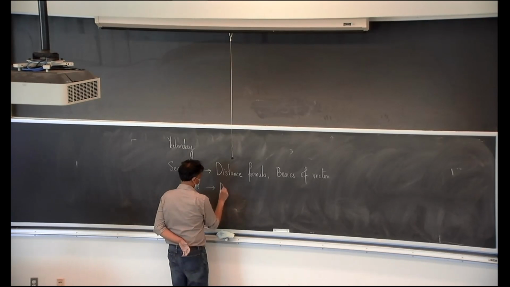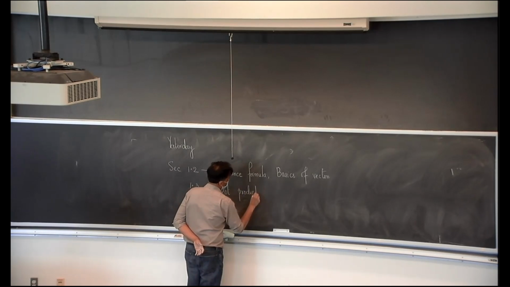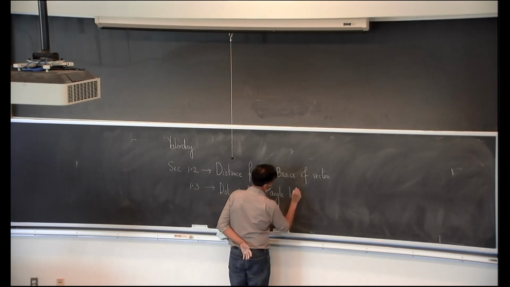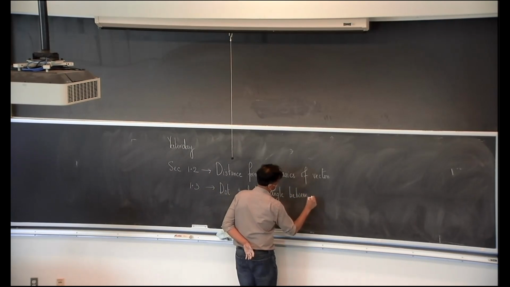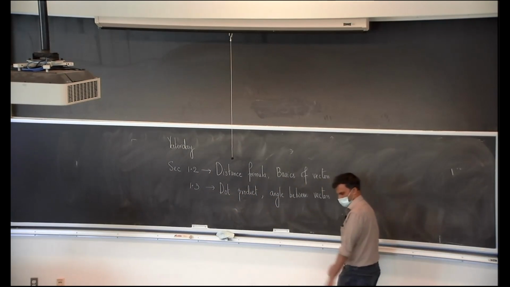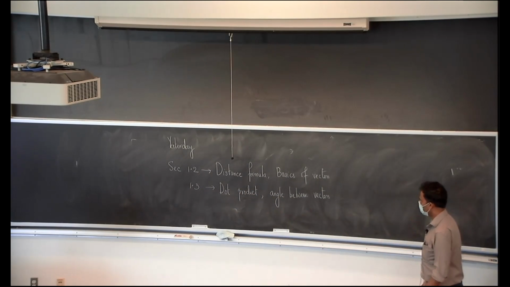We looked at the dot product of two vectors and also the angle between vectors, and we're going to talk a little bit more about those two things today and finish off the problems in the worksheet.